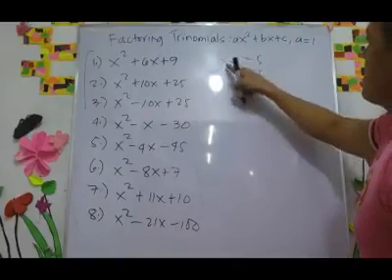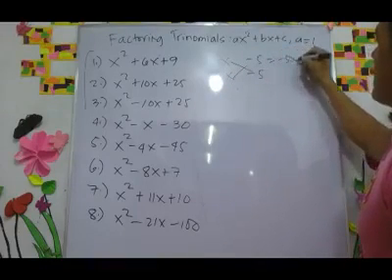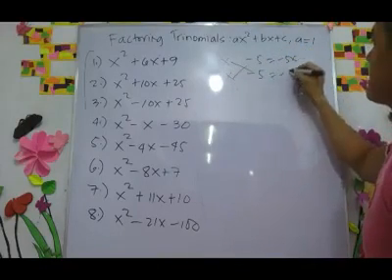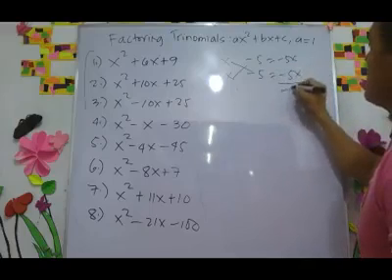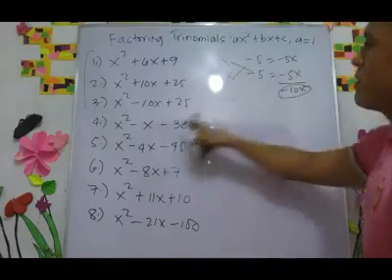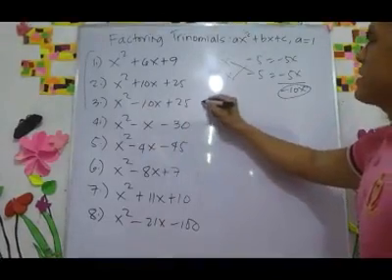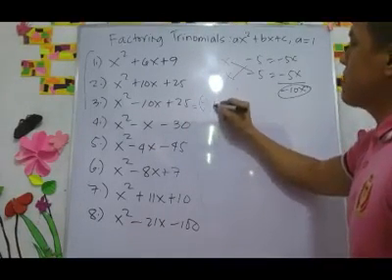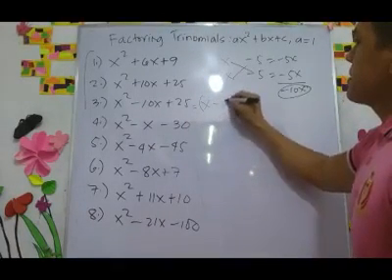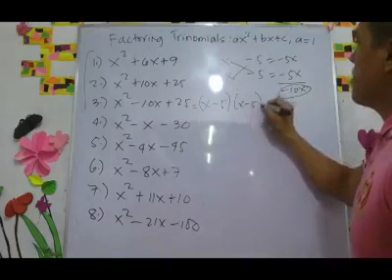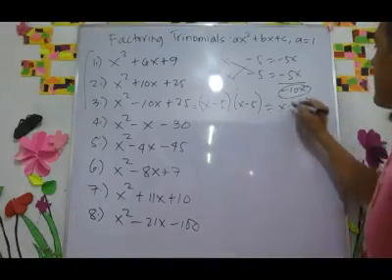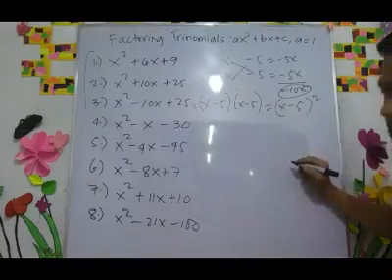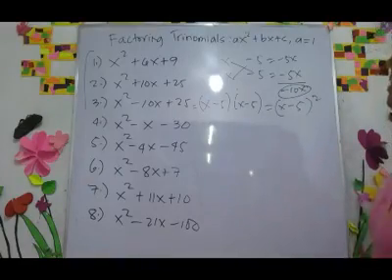Cross multiply: x times negative 5 is negative 5x, and then x times negative 5 is also negative 5x. Total, negative 10x, right? Which is also equal to the middle term. So our factors for this are x minus 5 times x minus 5, or x minus 5 squared. Okay? There you go.